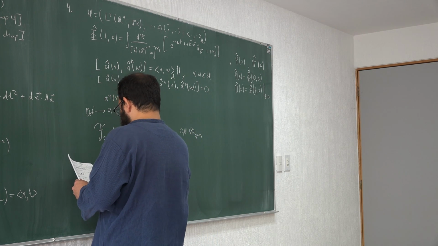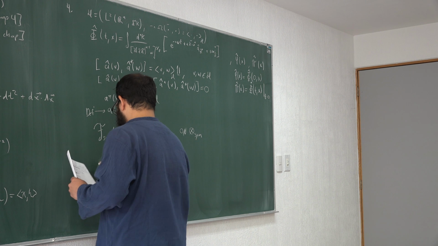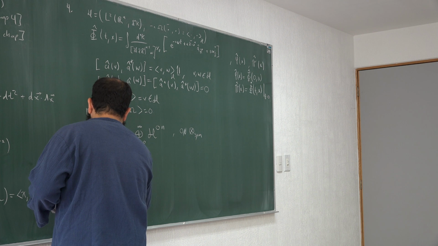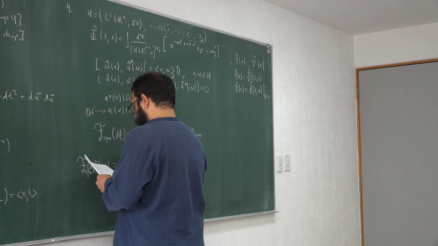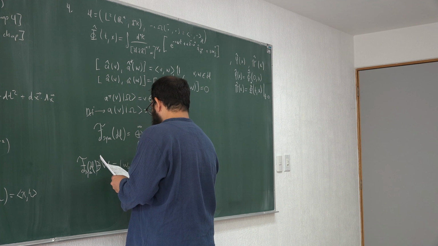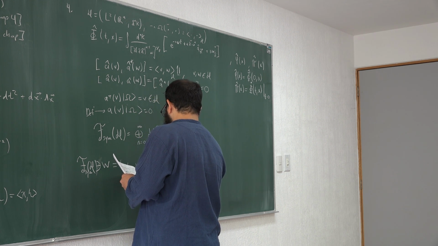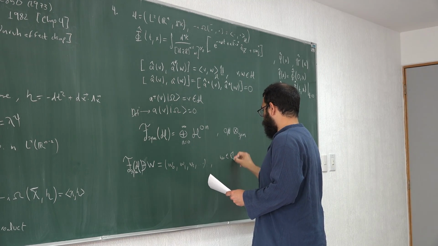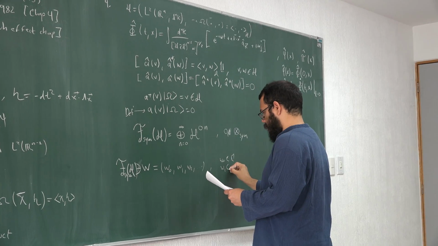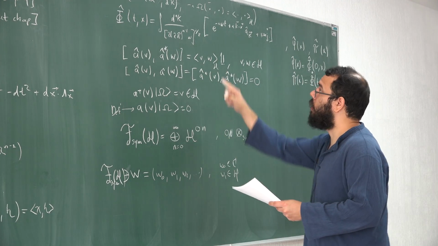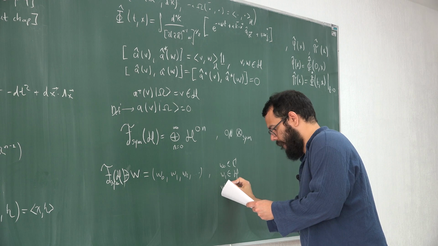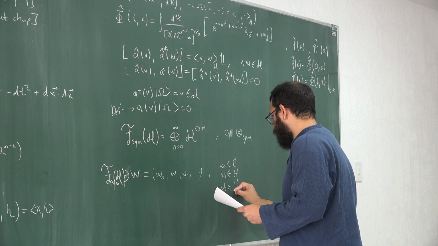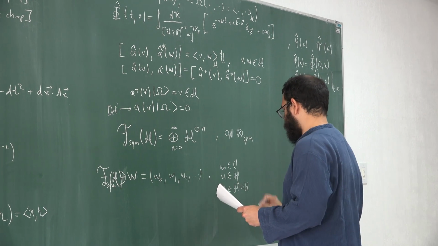And suppose I have a vector which is in the Fock space, and let me call it like so, such that, of course, this is a complex number, this is a vector in the one-particle Hilbert space, and W2 will be a vector here, and so on.